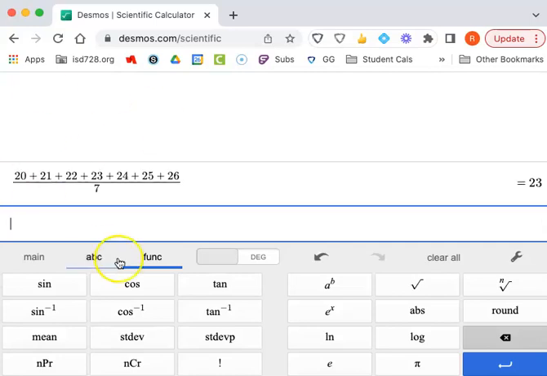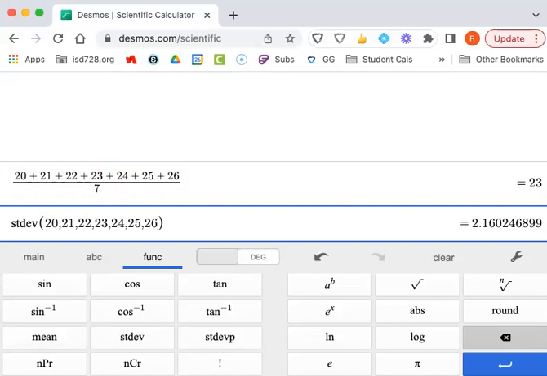Another thing they're going to ask for is standard deviation. So I'm just going to get that in here too. So we have 20, and then we keep going up, 22, 23, 24, 25, 26. That's going to be our standard deviation, as you can see.